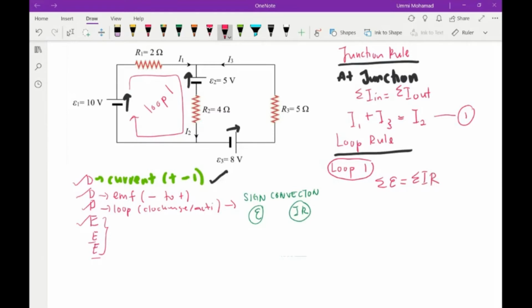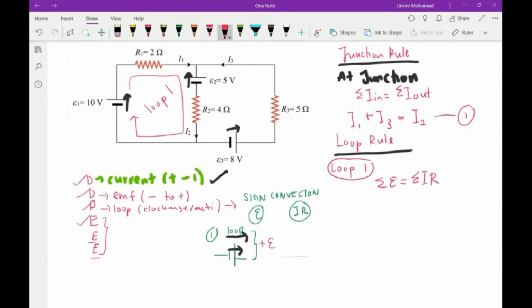What are the sign conventions that we need to know? First, for EMF, if our direction of loop is equal to the direction of EMF, so this is our direction of EMF from negative to positive, and this is direction of loop, these two directions are equal, meaning our E is going to be positive.